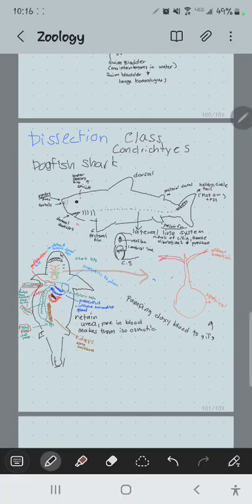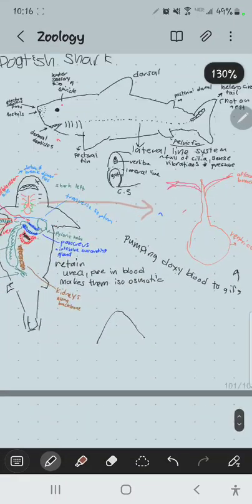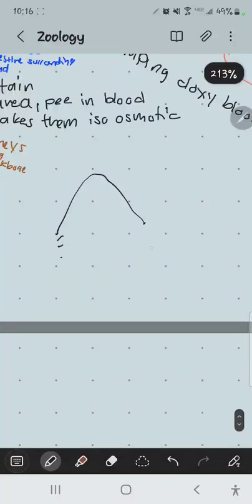But to do the brain, you go into the dorsal side. So here's the dorsal side of the shark, where our gills are here like this, and our eyes are here like this. What you'll feel between the eyes is a bump or a dome.